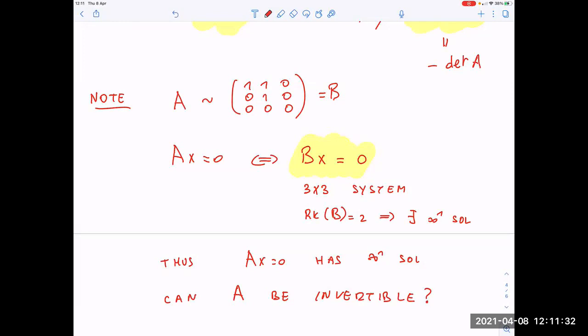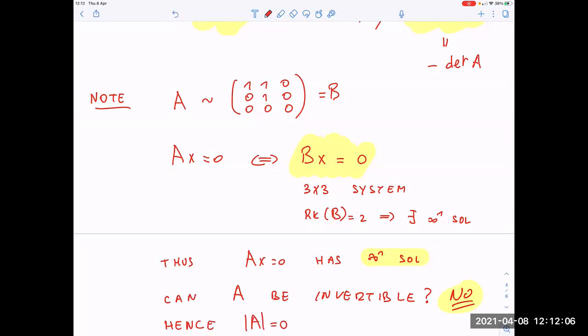Can A be invertible? Of course not, right? No, it cannot be. Because if it were invertible, then we would have exactly 1 solution. And since it is a 3x3 matrix, if the determinant is different from 0, you can find the inverse, right? So hence, the determinant of A must be equal to 0.